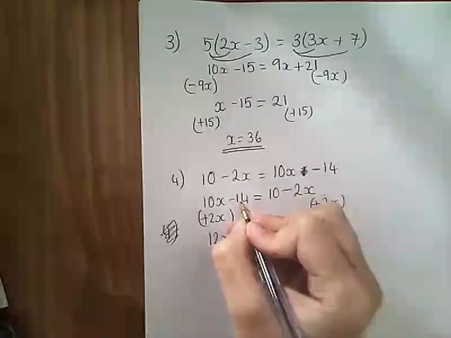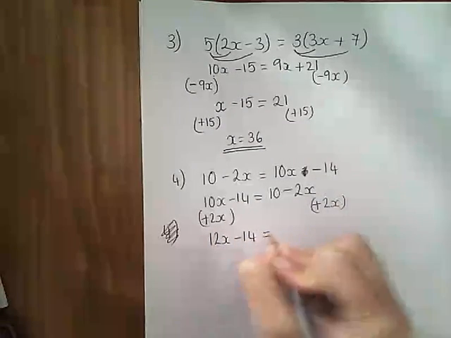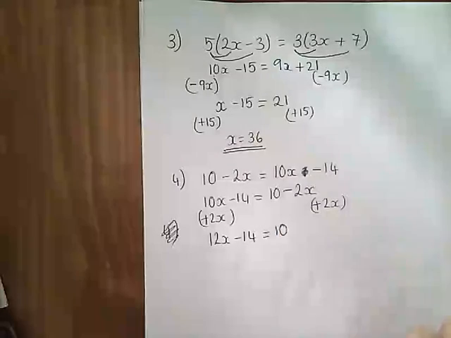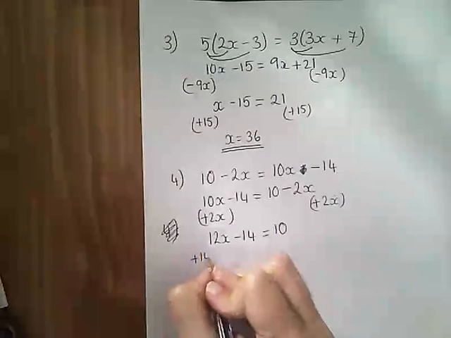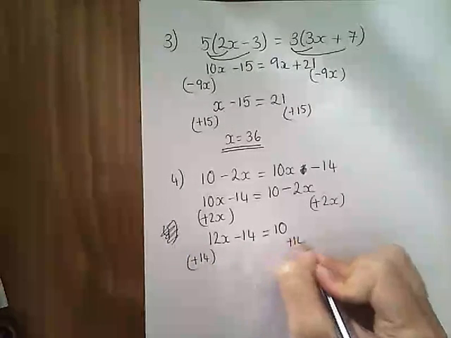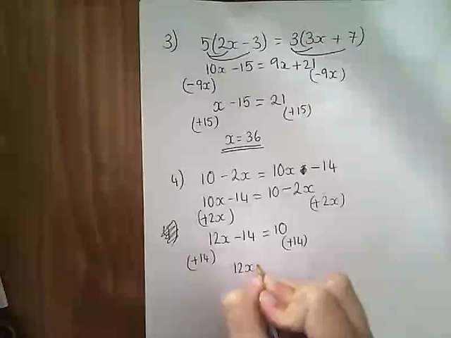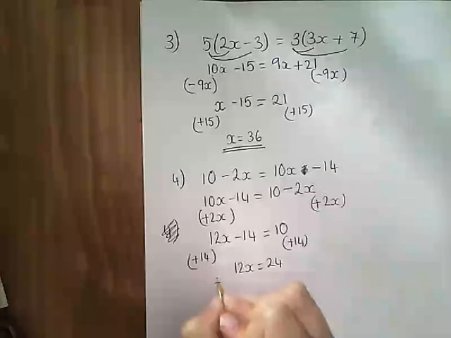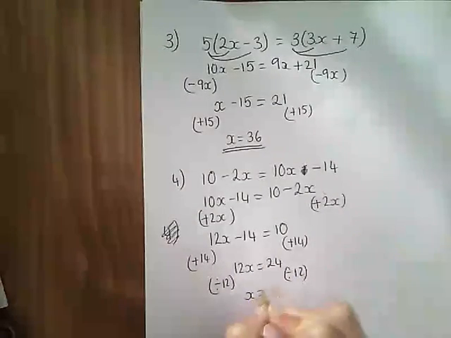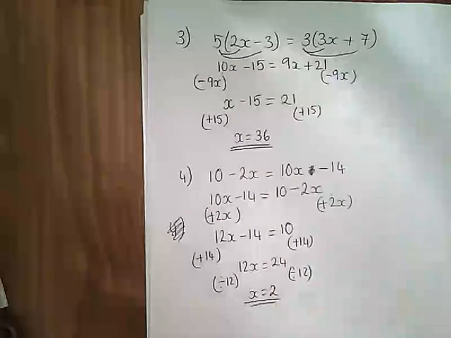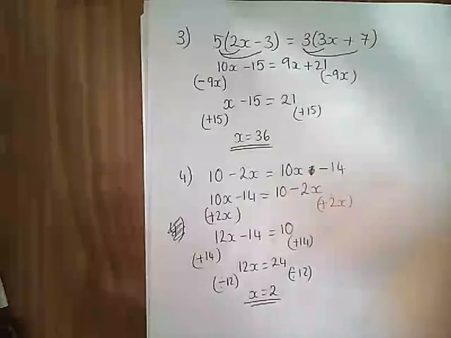We've still got the minus 14, and here we're left with 10. Now it's just a two-step equation, so the opposite of taking away 14 is to add 14, and the opposite of timesing by 12 is to divide by 12. 24 divided by 12, x equals 2. That is solving equations with unknowns on both sides.